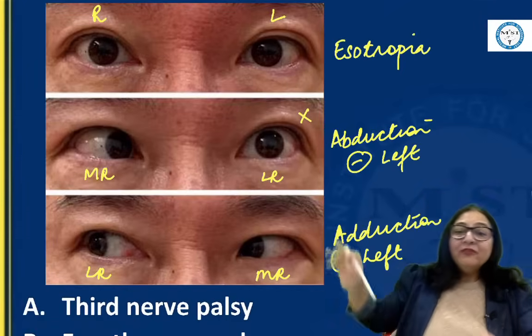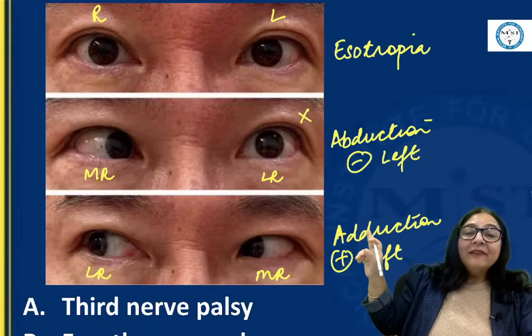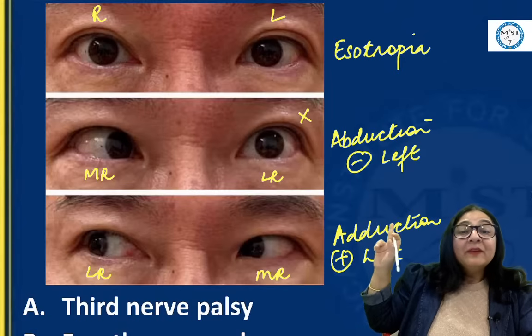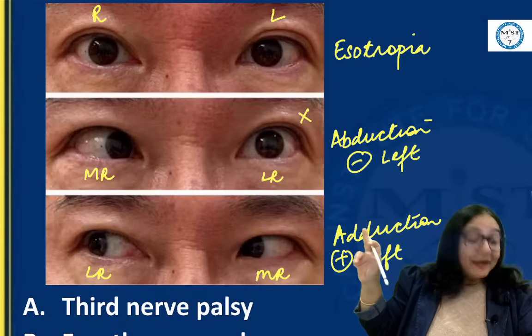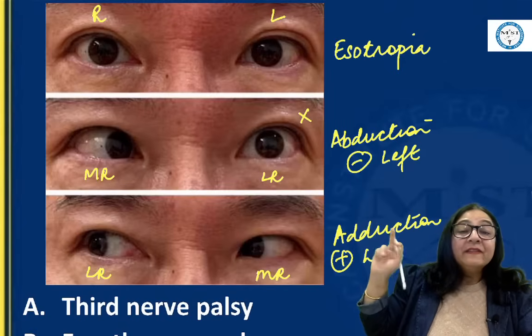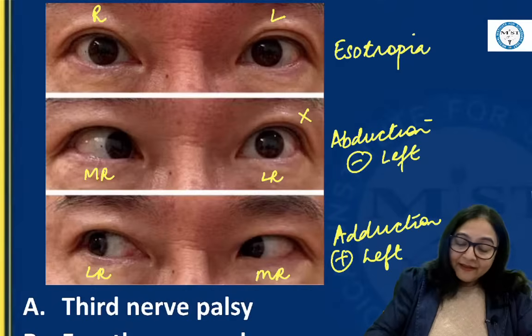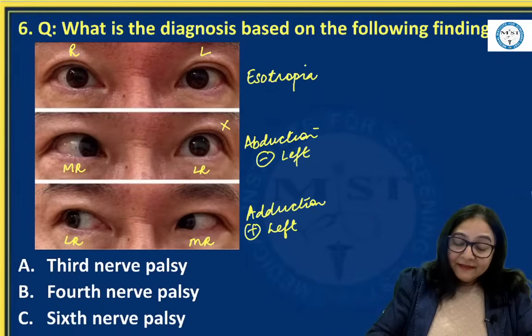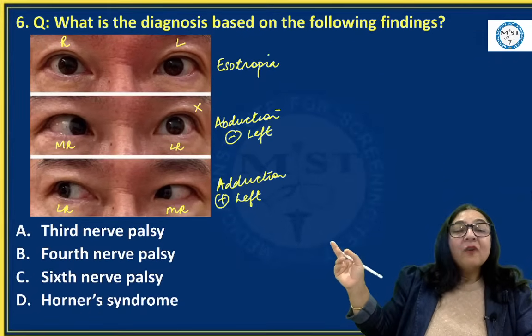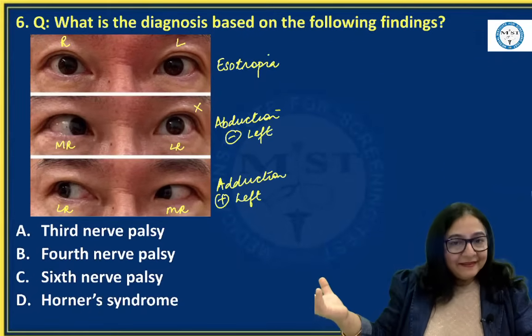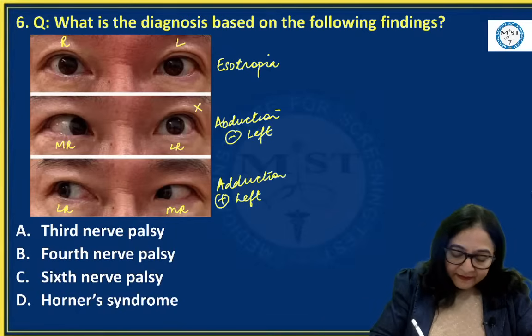Lateral rectus, because the left eye is not able to abduct. And which is the nerve which supplies the lateral rectus? Absolutely right, sixth nerve. So this is a case of sixth nerve palsy.